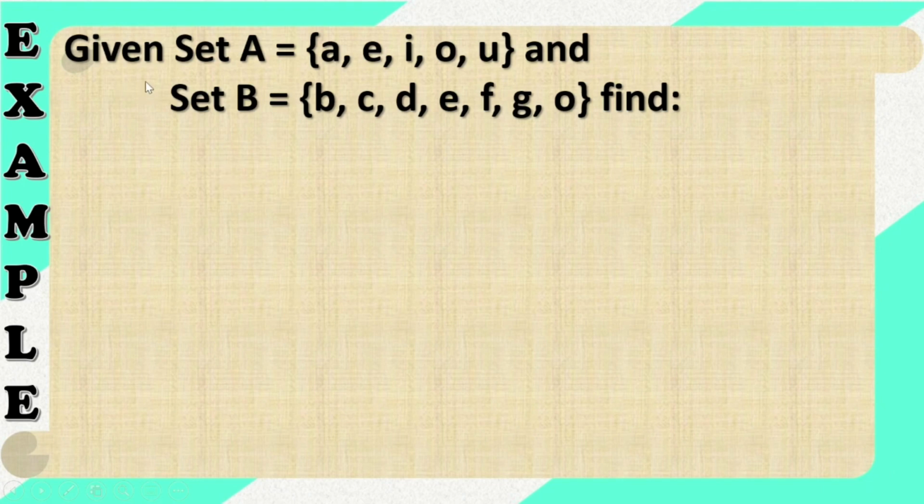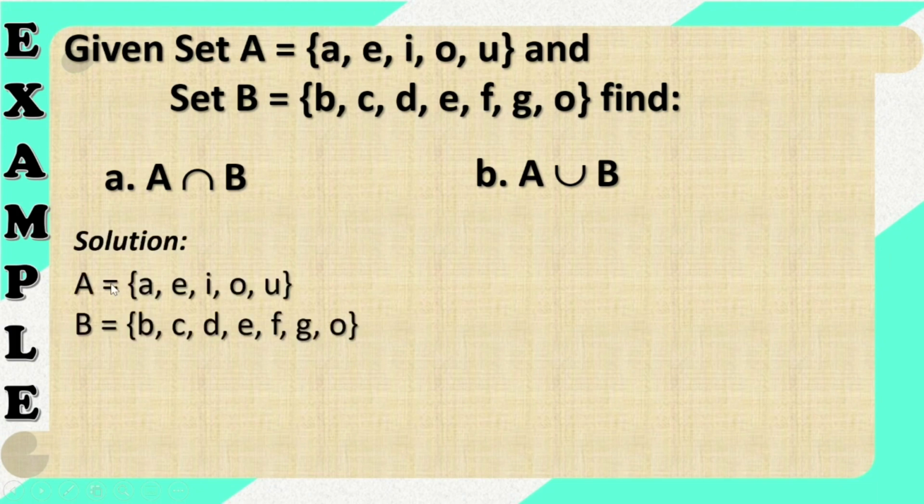Example, given set A with the elements A, E, I, O, U, and set B with the elements B, C, D, E, F, G, O. So find A intersection B and A union B. For A intersection B, we have the elements of A and B. So, titingnan natin kung ano yung common ng dalawang events.